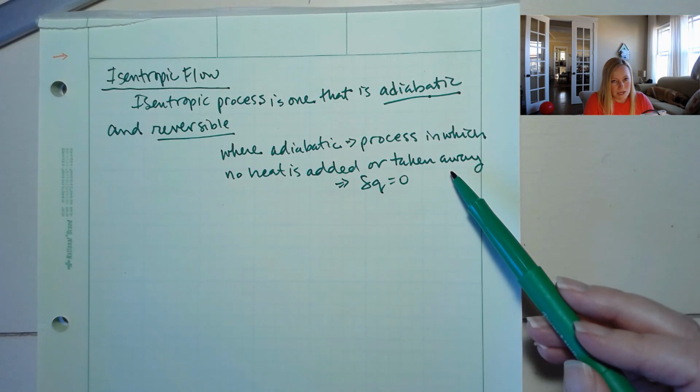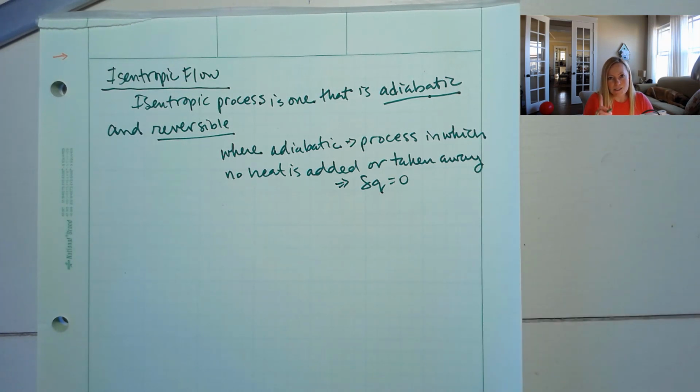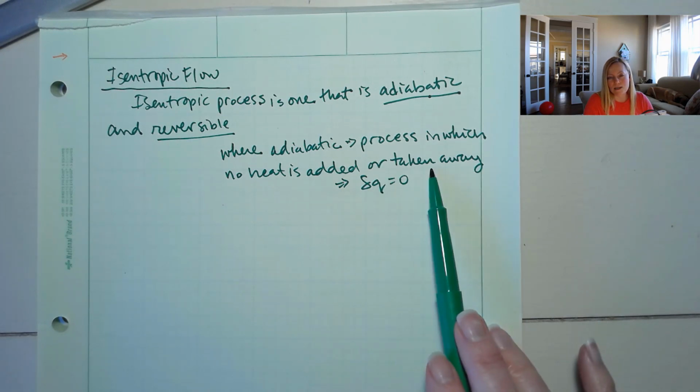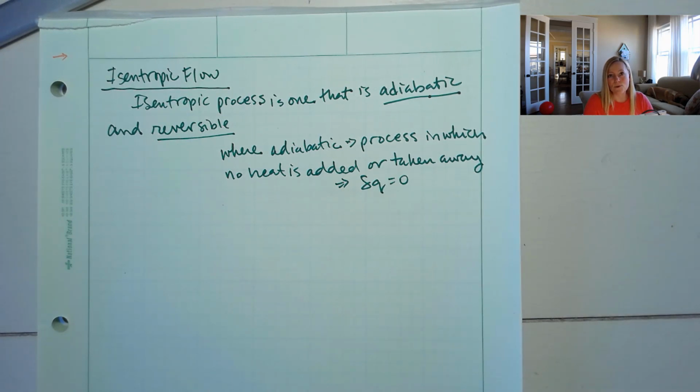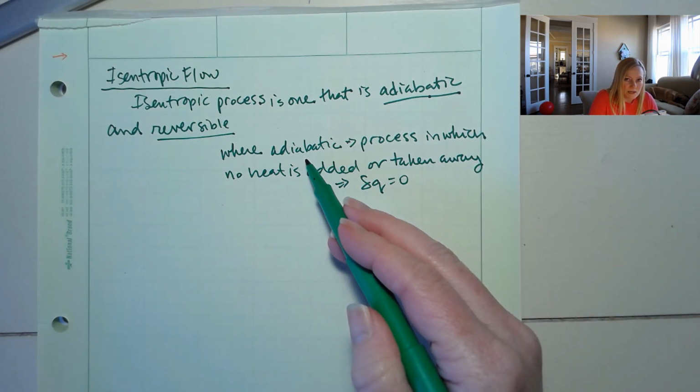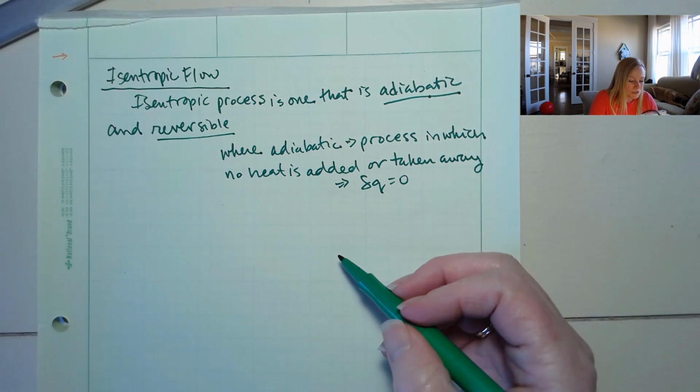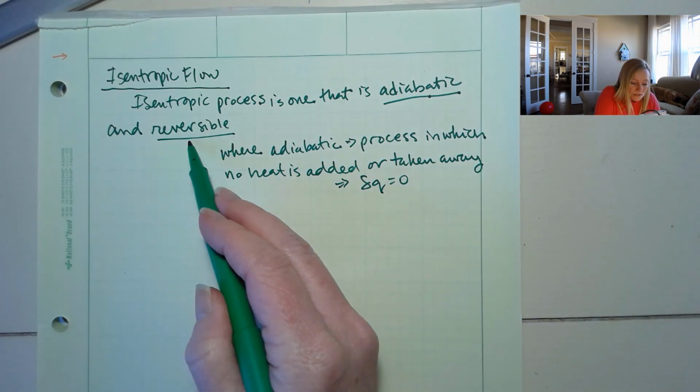Now, this does not mean that you won't have a temperature change. You could still have a temperature change, but you're not adding heat or taking heat away. All right, because there's other ways of changing your temperature, right? You could change pressure, you could do different things. So adiabatic doesn't mean no temperature change. Now the next one is reversible.